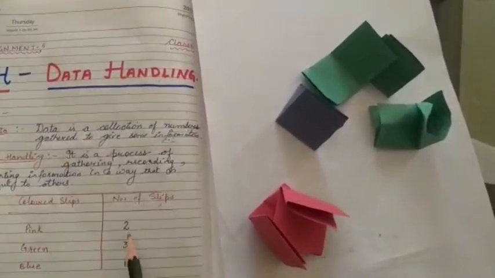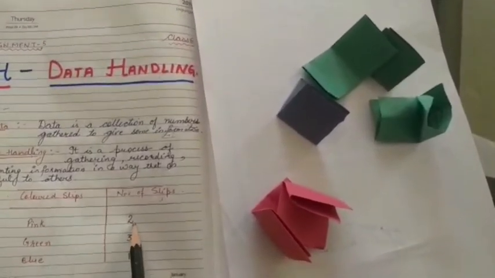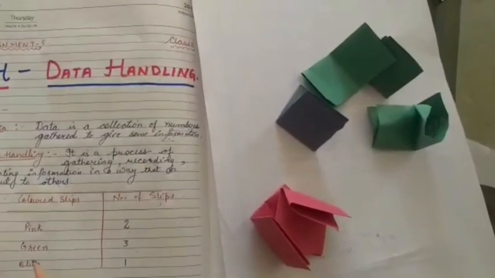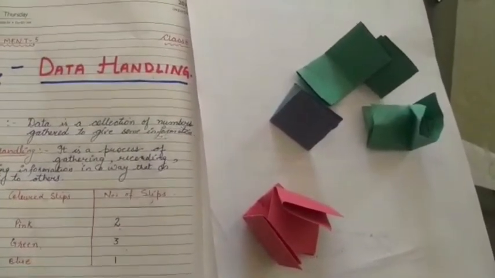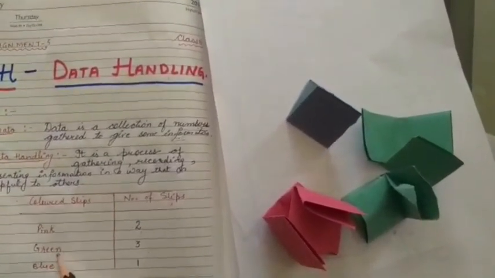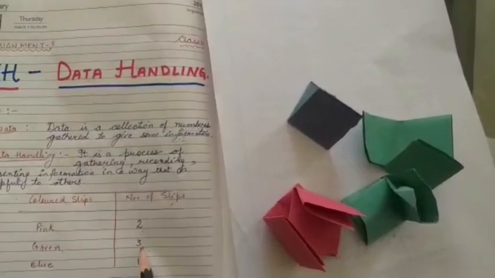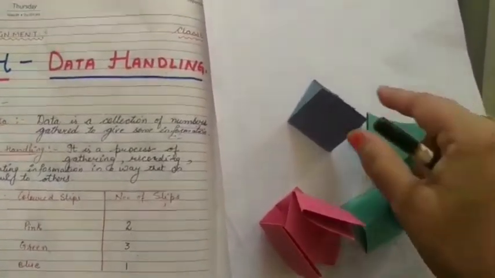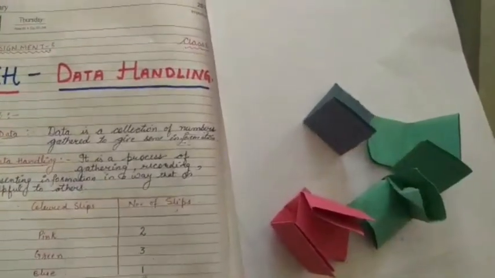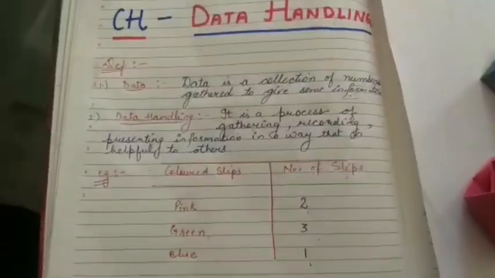So I write the number in front of the pink slips as 2. Similarly, I count the number of green slips by counting 1, 2 and 3. I record that the number of green slips is 3. And there is only one blue slip and I noted it up.